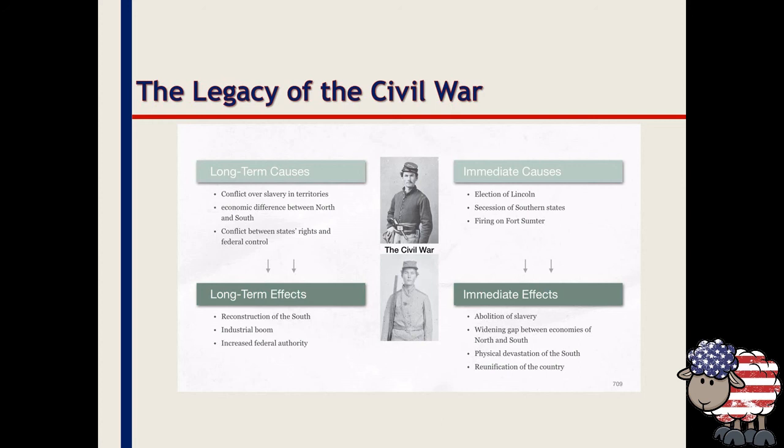The immediate cause was Abraham Lincoln being elected in 1860, the southern states seceding, and the shots on Fort Sumter in April 1861. The effects were the abolition of slavery, a widening gap between the economies in the North and the South, the physical devastation of the South, and reunification of the country.